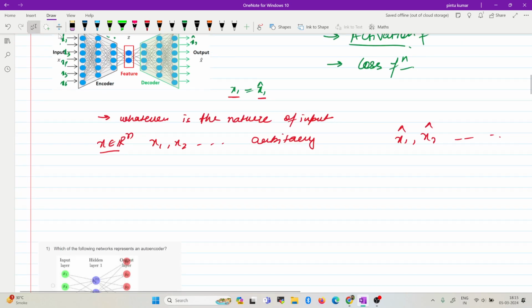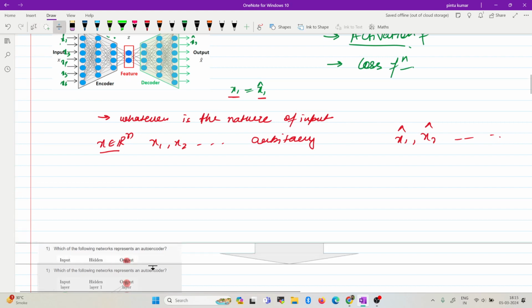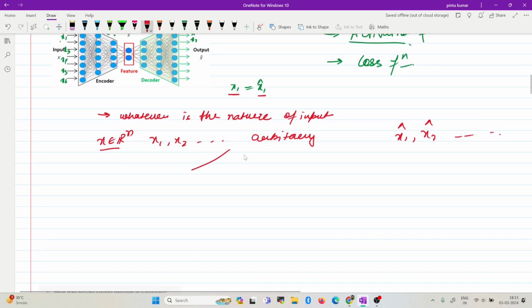So you can sort of make two cases here based on this assumption. Let's say your input is some arbitrary real number. Then what should be a good choice for the activation function for the last layer?